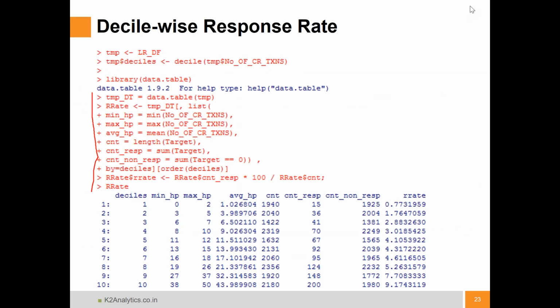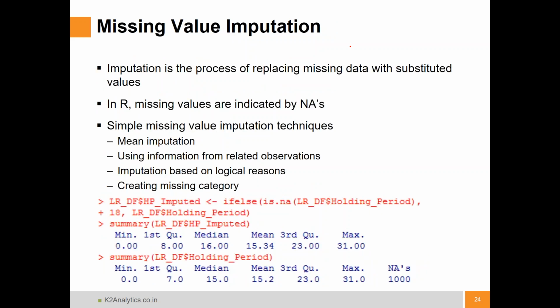So coming back to the slide where we started the missing value imputation, we saw how to go about imputing a continuous variable. Multiple techniques are there. Imputation is the process of replacing missing data with substituted values. I'm just summarizing it. In R, missing values are indicated by NA.